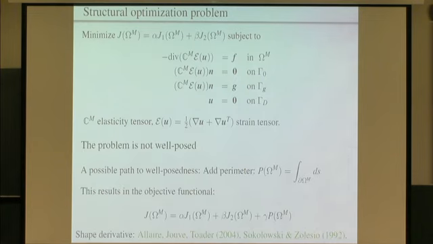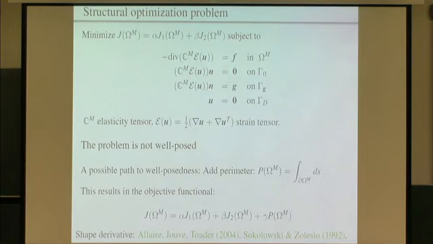The trouble here is the problem isn't well posed, and a possible path to well posedness is to add a regularization to your objective functional, namely the perimeter functional. Therefore the objective functional that's usually considered will take the form alpha J1 plus beta J2, plus this regularization with the perimeter.